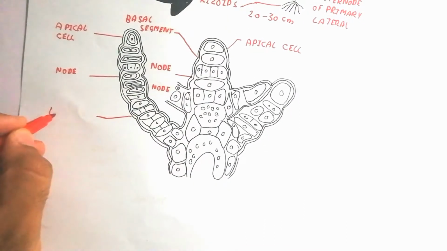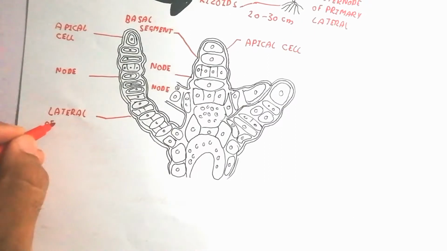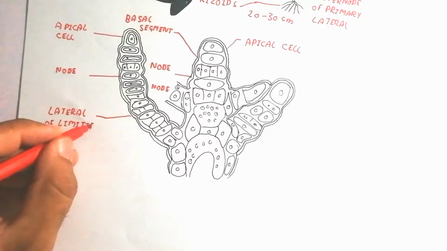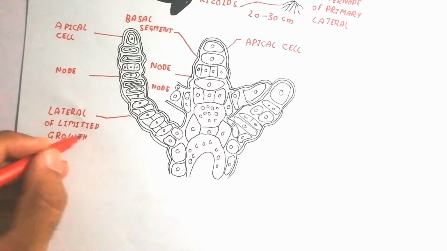There are lateral branches, also known as primary laterals, which are 20 to 30 centimeters in length. Here is a lateral of limited growth.